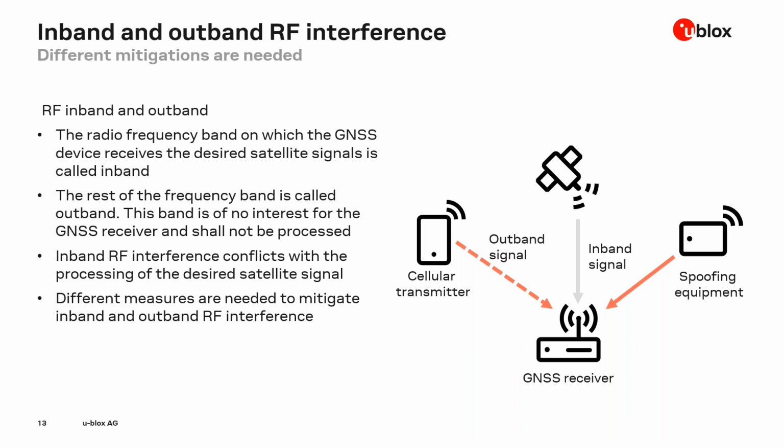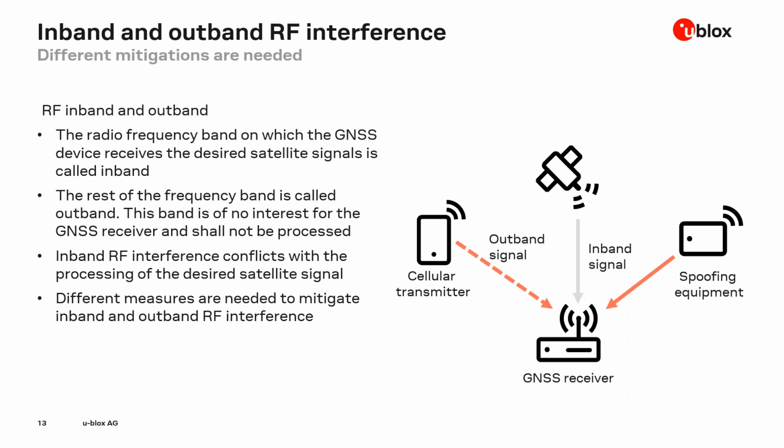If we want to receive the satellite signal there and there is another signal in the same band, that's really a challenge for the receiver. And of course, there are different measures to mitigate in-band and out-band interference. We will see later what we offer there.